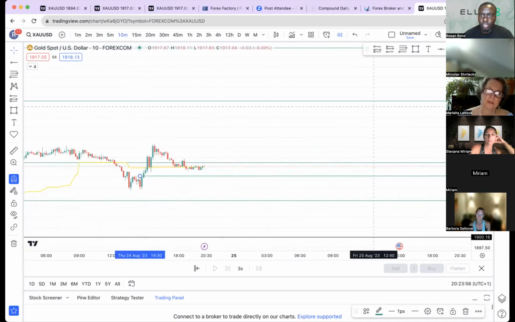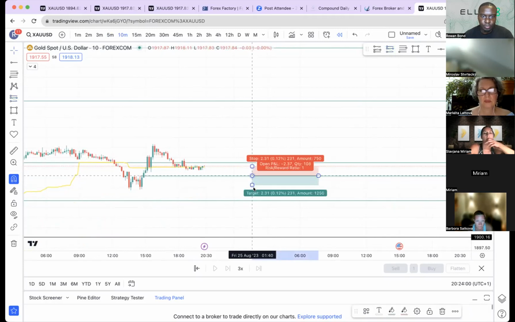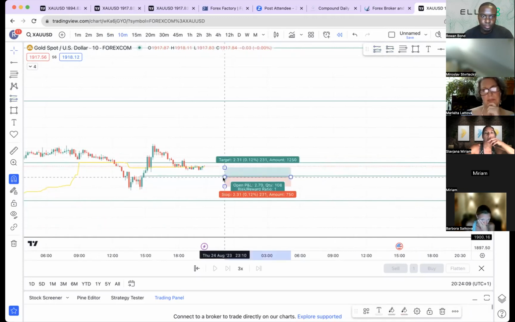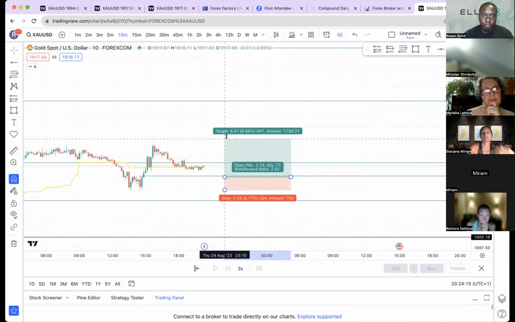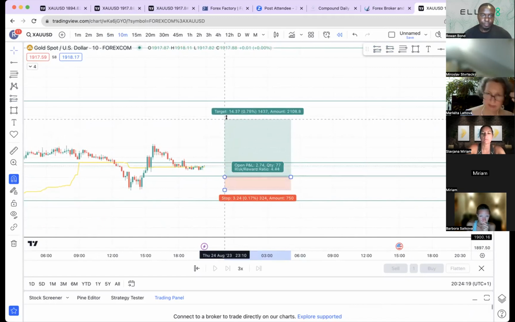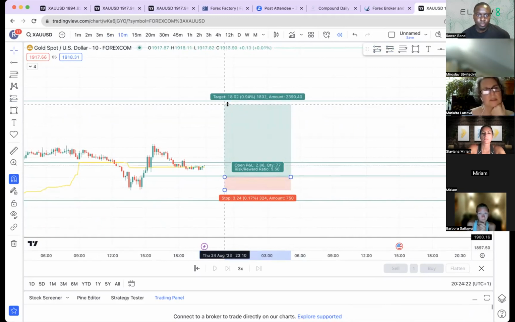So this BEC here, let's see if this would have been a good entry. But I don't like to go lower than the 15-minute for a longer term trade. For long-lasting trades I don't go lower than the 15-minute.